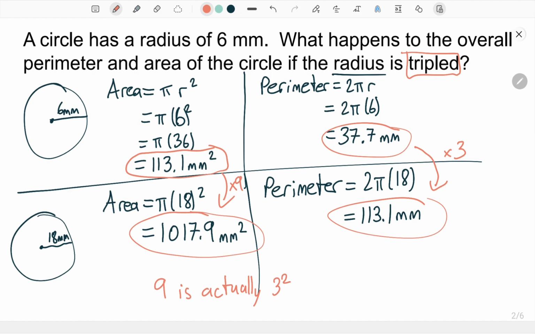And since area is a two-dimensional measurement, and the radius is going in both directions, it's going not only left and right, but it's going up and down. In a sense, when you change the radius, it has a two-dimensional effect on the area. So not only is it multiplying it by 3, but it's doing that twice. So 3 squared, that's how we're getting that. So it's multiplying the overall area by 9.